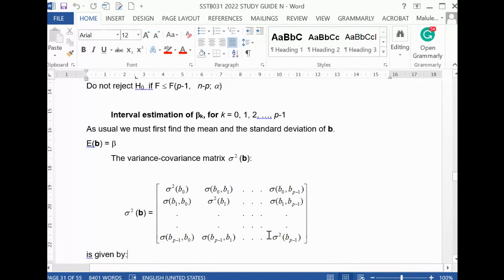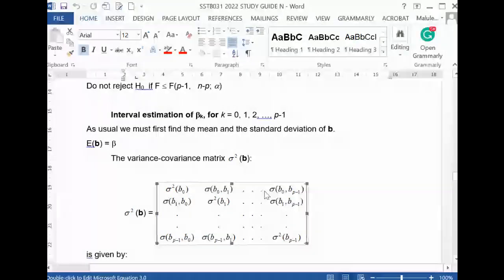Whenever we're finding the confidence interval for the betas, what I'm interested in is the diagonal, but you must also know the meaning of the other values, like sigma, B0, B1. This is the covariance of beta 0, B1.